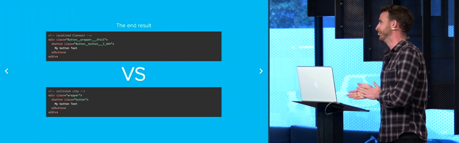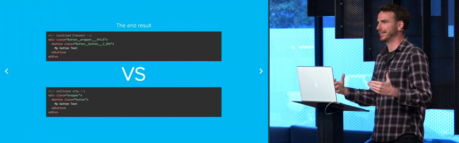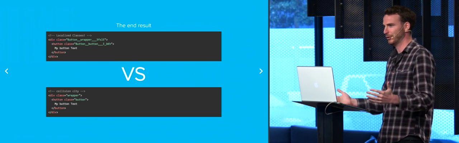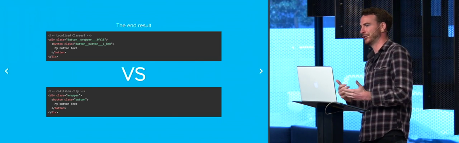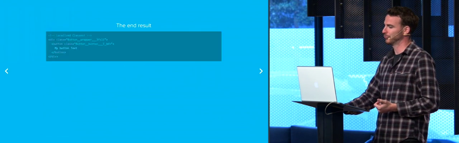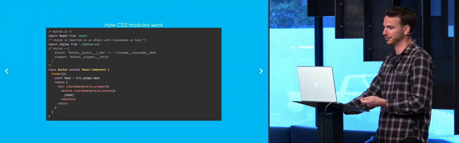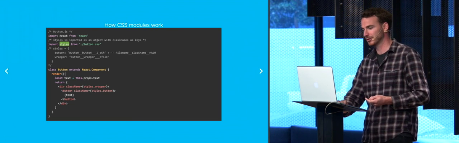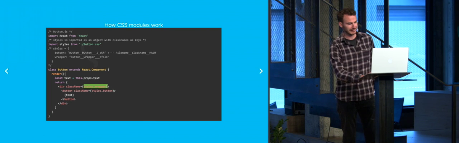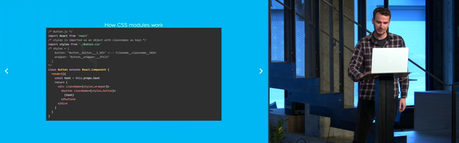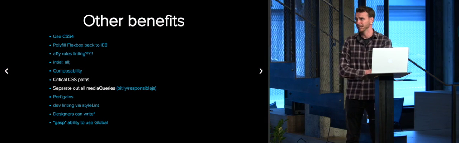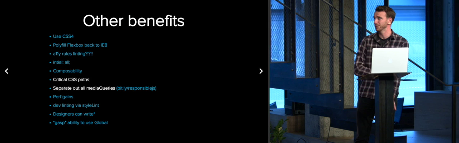It does BEM for you, and BEM is hard because all of your team has to do it, and they have to do it the right way, and there's still room for human error. So CSS modules will give you a really nice and easy way to do this, where you're just importing your styles from your normal CSS file, applying those classes like you normally would, and then rendering that out. And that is the implementation of using PostCSS and CSS modules.